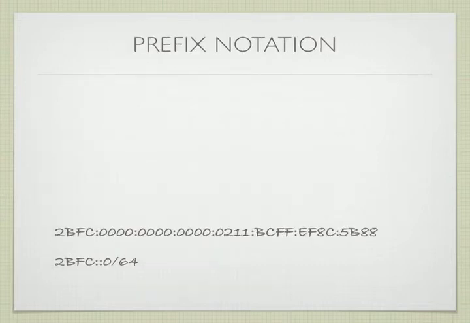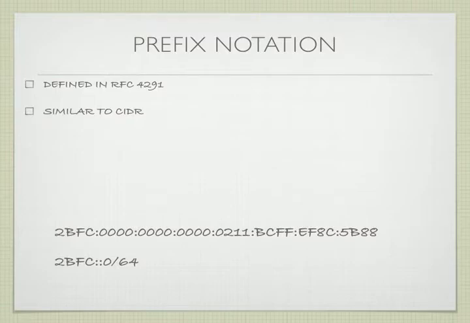There is a prefix notation in IPv6 that also uses a slash notation. This is defined in RFC 4291. This is a similar shortcut to what we're familiar with in IPv4 as CIDR notation.